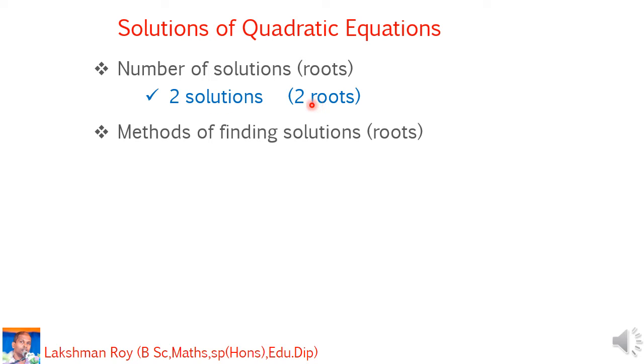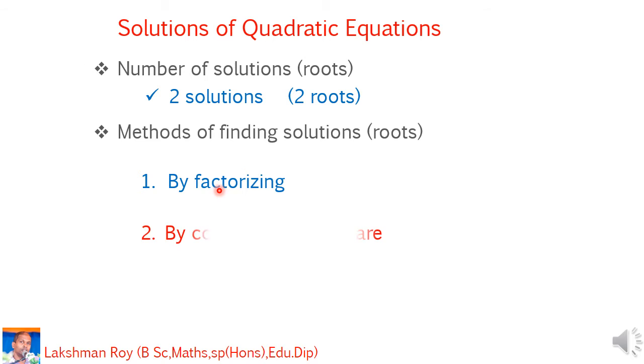Then the methods of finding the solution. What are the methods to find the solution of a quadratic equation? In the equation lesson, up to the G.C.E O level local syllabus, you will learn 3 methods, students. The first method is by factorizing. You have learned this method in grade 10, where we discussed how to solve a quadratic equation by factorizing.